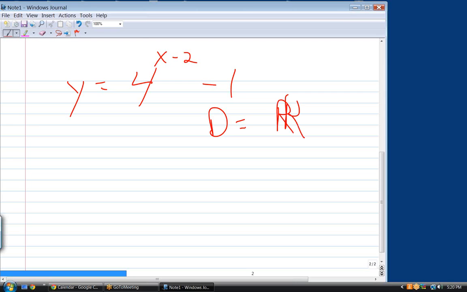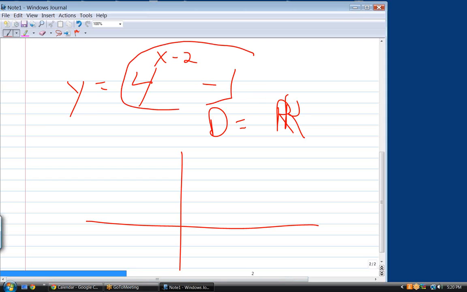How about the range? Wouldn't that be all real numbers as well? Well, let's look at what this graph would look like. This is a translation of y equal 4 to the x. Okay?